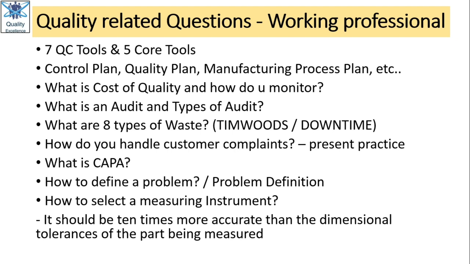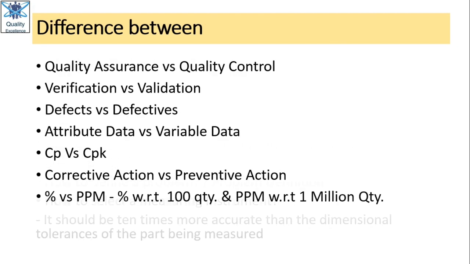It means if the dimensional tolerance which you want to measure is 0.2, the tolerance mentioned there is 0.2, then you should have an instrument which has a least count of 0.02 or less. This is how the measuring instrument is selected. So this is all about quality related questions.